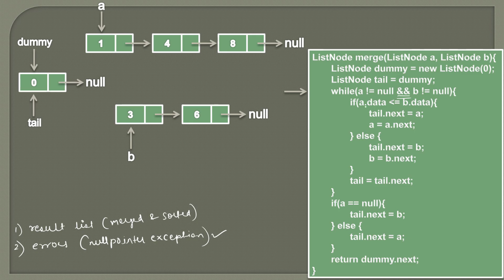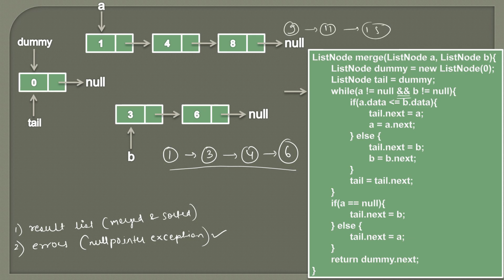And why we are doing this is because, if I take an example, let's say A is referring to 1, 4 and then 8, and B to 3 and 6. So if I see the resulting list, it will be like this: 1, then 3, then 4, then 6. So once 6 is placed here, you can see this B list has all its nodes in the resulting list, and let's say after 8 we have 9, 11, 15.